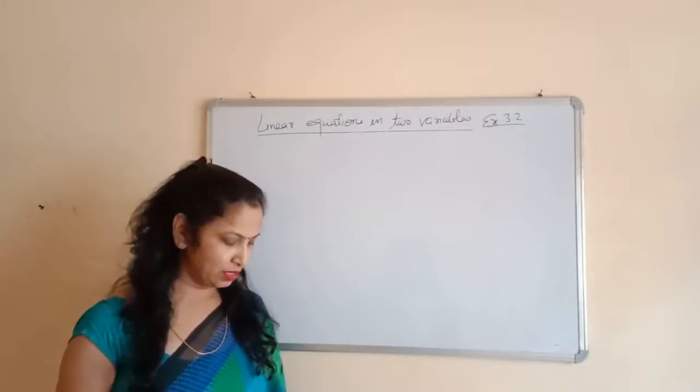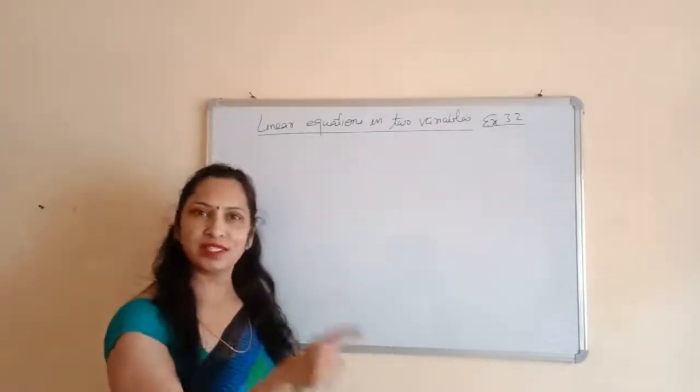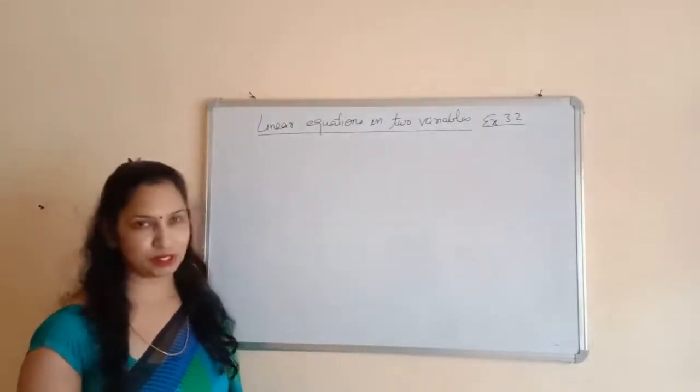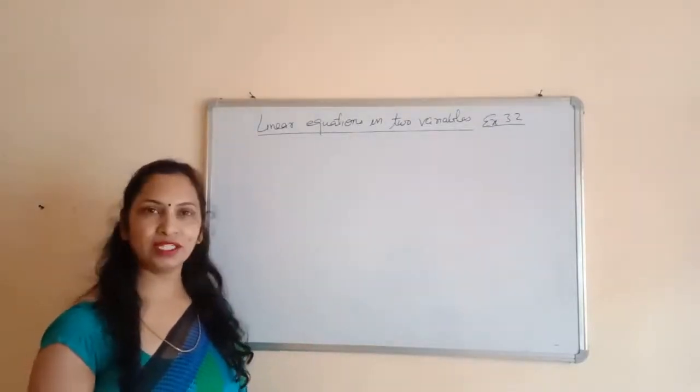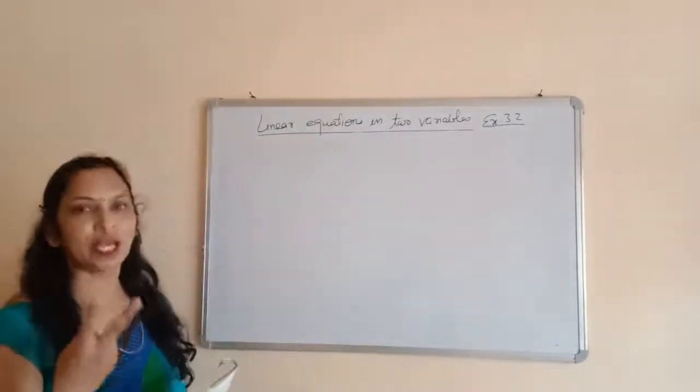If the number of girls is 4 more than the number of boys, here is the relation between the number of girls and the number of boys. Find the number of boys and girls who took part in the quiz. So we have to find the number of girls and the number of boys. Let us take two variables x and y.